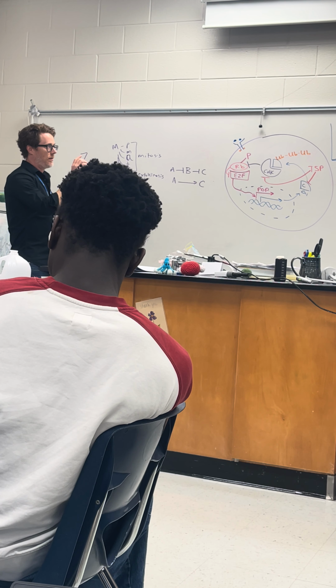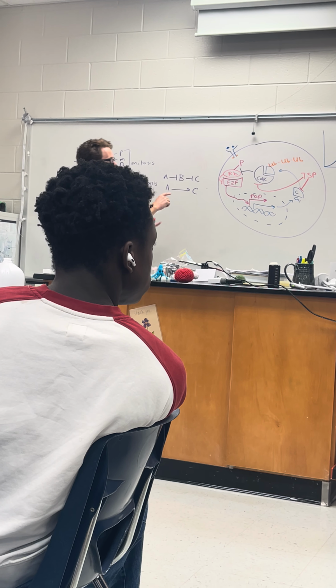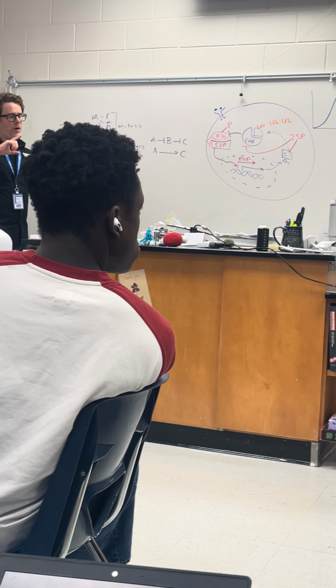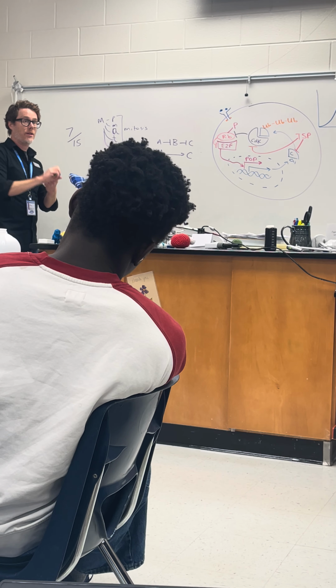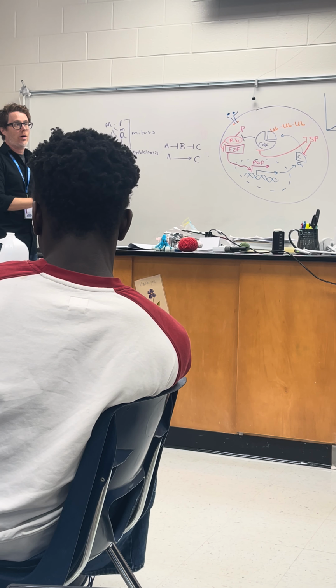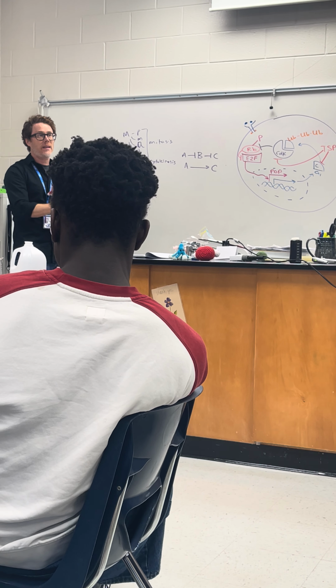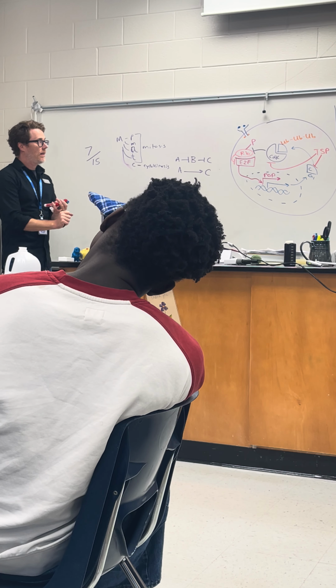And something's gotta happen, like the cell can't brake forever. Once the brakes slam, the cell either has to correct whatever conditions caused the brake, or exit the cell cycle altogether, like give up and say, nope, forget this, I'm just gonna go back to G0. Or it will die.